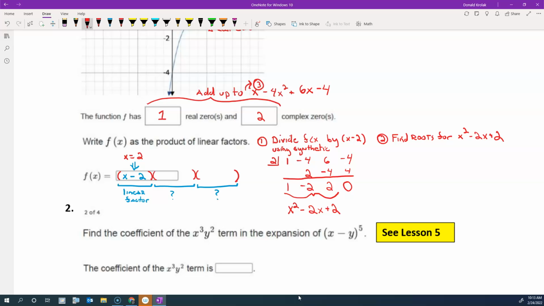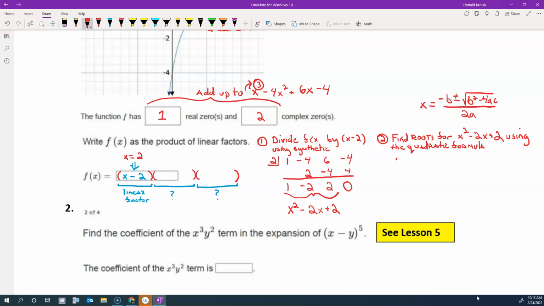So we're going to have to use the quadratic formula. That's x equals the opposite of b plus or minus the square root of b squared minus 4ac, divided by 2a.